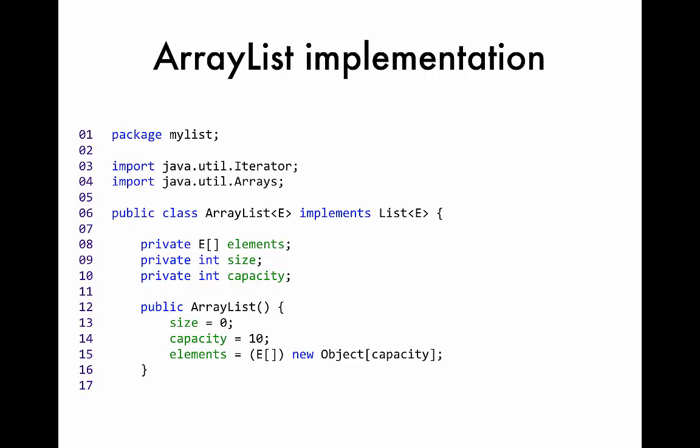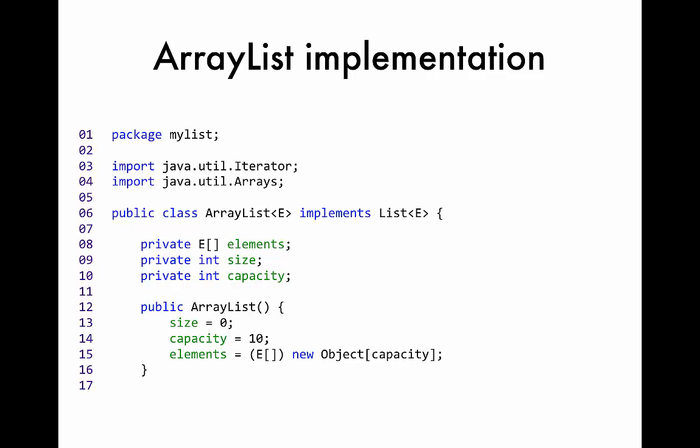That's why we're making our fields private. We have three fields. The first is our elements array. This array is going to hold the elements of our list. Now remember, arrays are a fixed size, so eventually we're going to run out of room with this array. We'll see what to do when that happens, but I want you to keep that in the back of your mind.